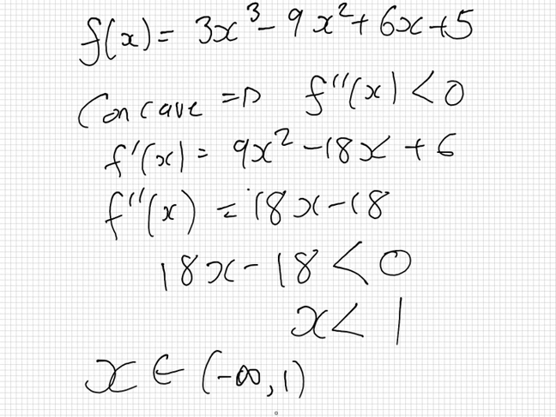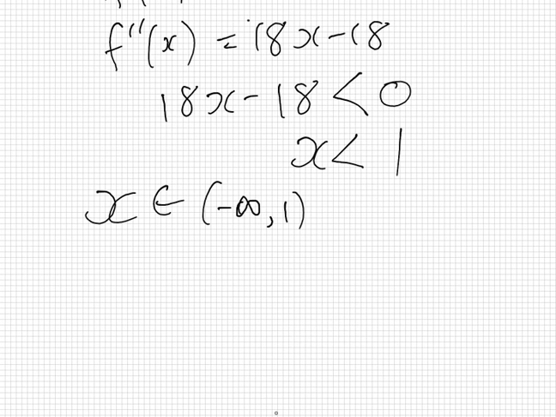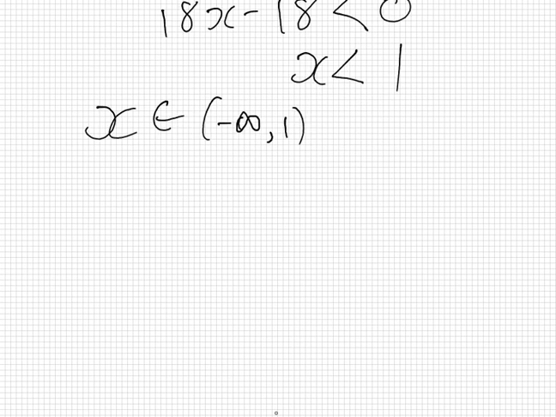Okay, let's have a look at number 5. I ask, where is the inflection point for the function? So how do I find the inflection point? What equals 0? The second derivative equals 0.